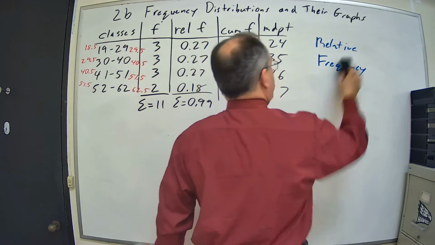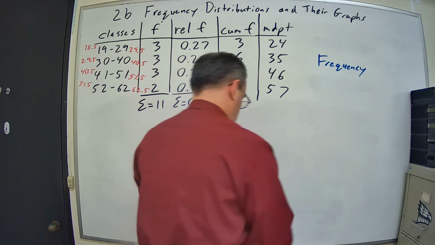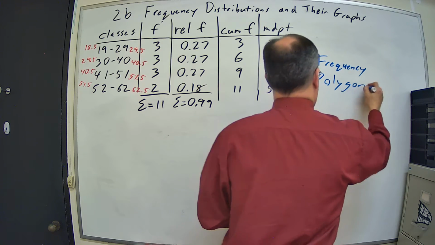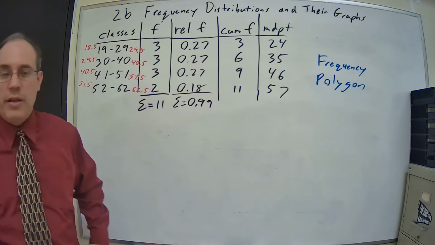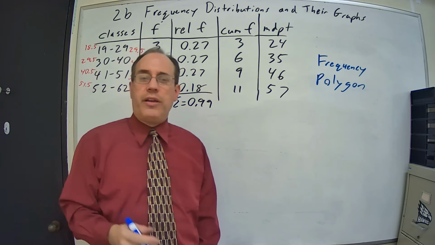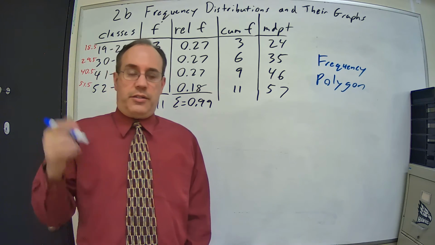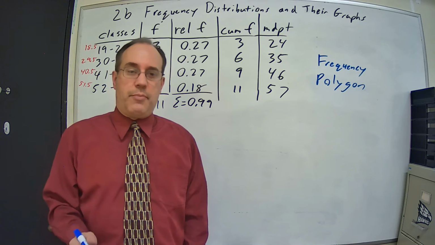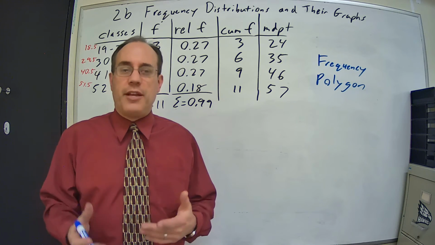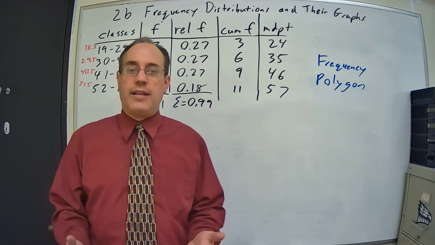And now we're going to go to a frequency polygon. So a frequency polygon. If you remember your geometry, a polygon is a closed multi-sided figure constructed from line segments. Closed multi-sided figure, you could even put in two-dimensional. A closed two-dimensional multi-sided figure composed of line segments.